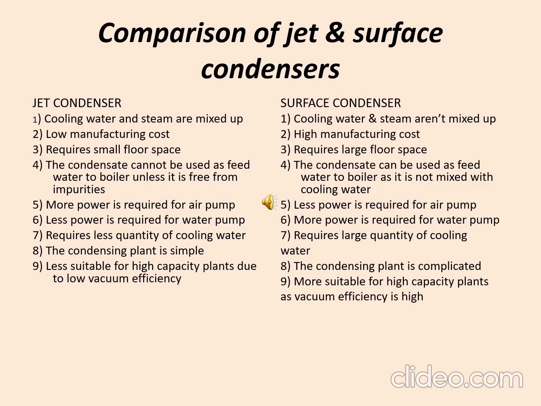For that we can't directly use it. For that a filter is required. But in our surface type we can use it directly because it is not mixed with the cooling water.